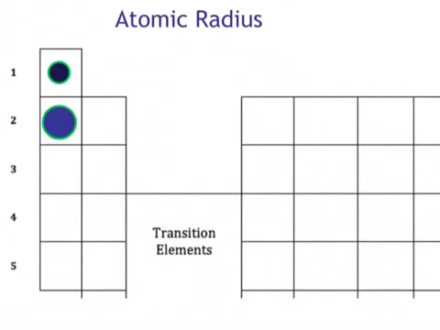Let's see. So you still have the first energy level, that is still there. But now we've built upon that a second energy level, because there are more electrons, so there need to be more levels for those electrons to move around in. In the third period, you may remember, there are 3 levels for electron placement.